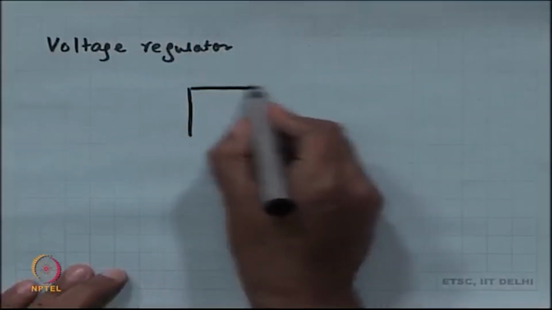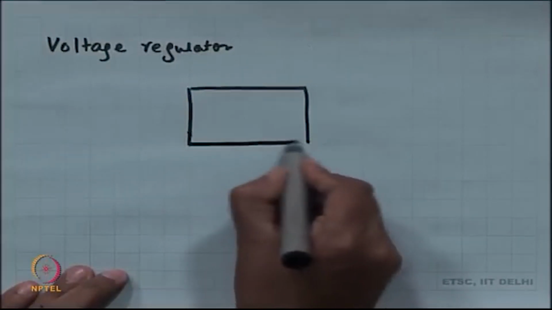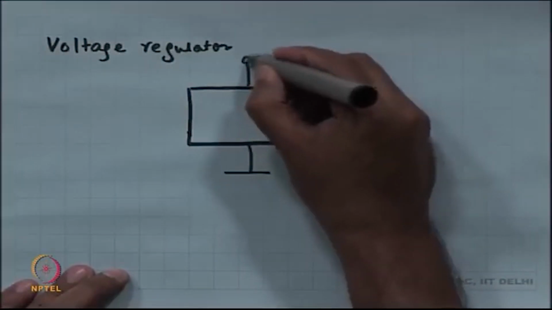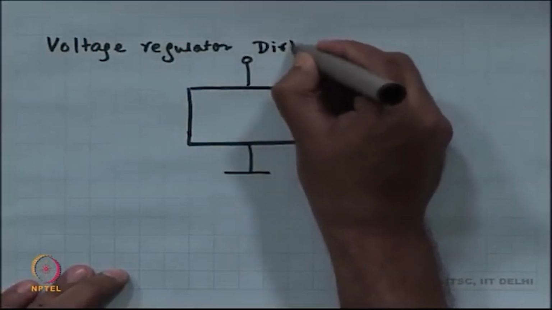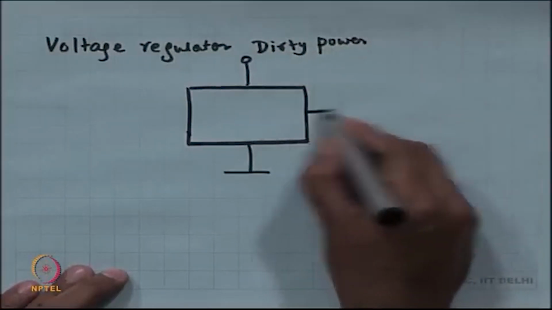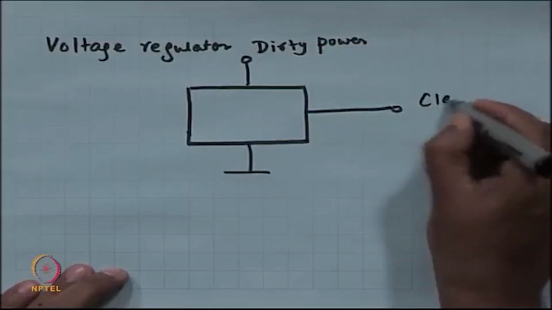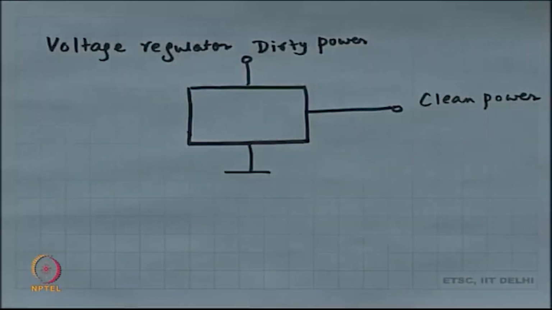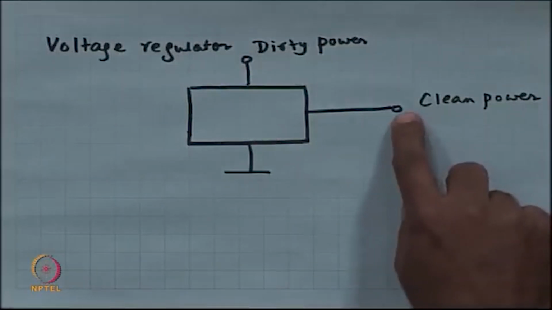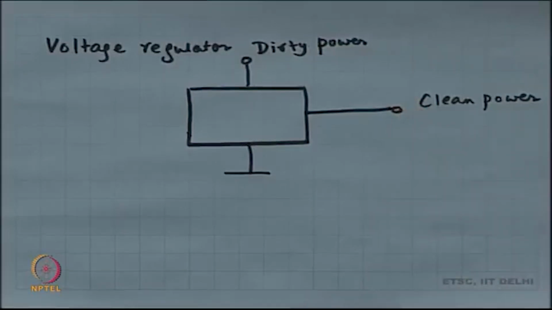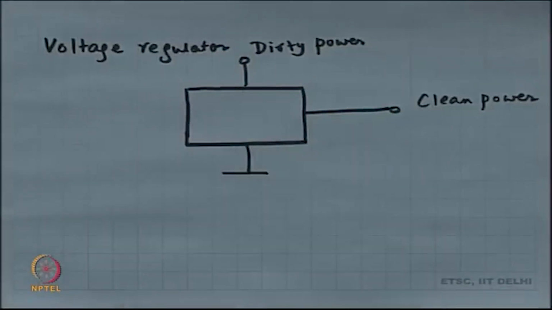So, nothing much, it is a 3 terminal circuit, one terminal is ground, the other terminal is the dirty power supply, and its output terminal is the clean power supply. And then what we are going to do is, we are going to give the analog circuit, the differential amplifier, is going to draw power from this clean power supply, okay, and we have to figure out what is inside.